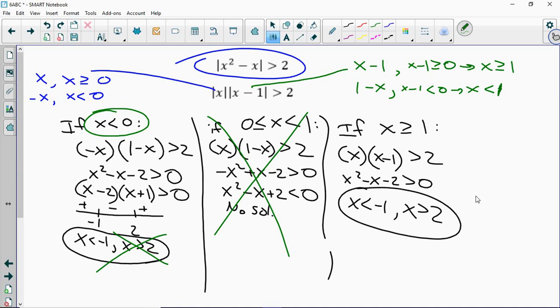In this case, we have to ignore that portion because we assumed that x was greater than or equal to 1. So our overall solution in this case ends up being x is less than negative 1 or x is greater than 2. It was a coincidence in this case that we ended up getting the exact same quadratic in both sections.